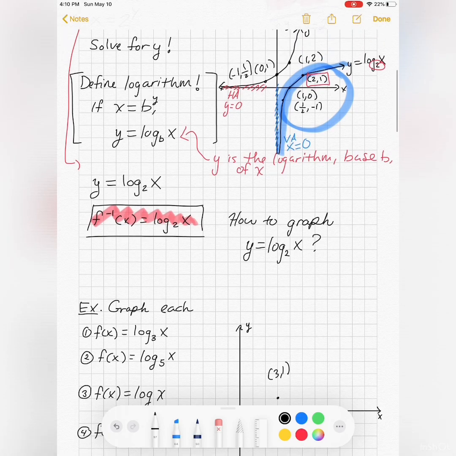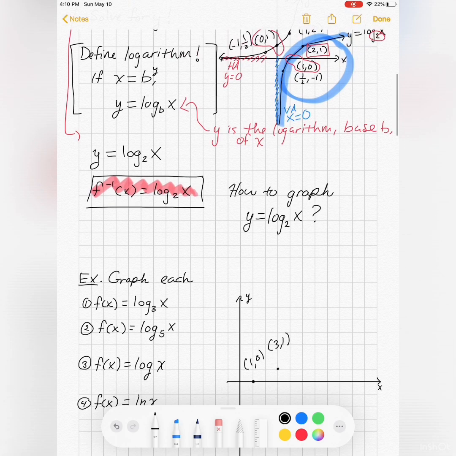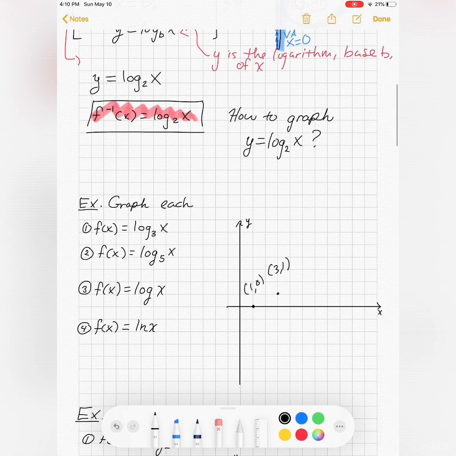The exponentials always have a y-intercept at 0, 1. So the logarithms would always have an x-intercept at 1, 0, right? This guy is 1 over the base, negative 1. So wouldn't that be a third, negative 1?